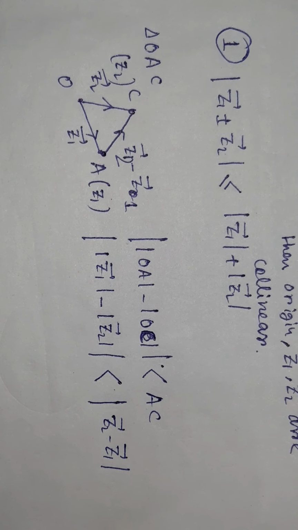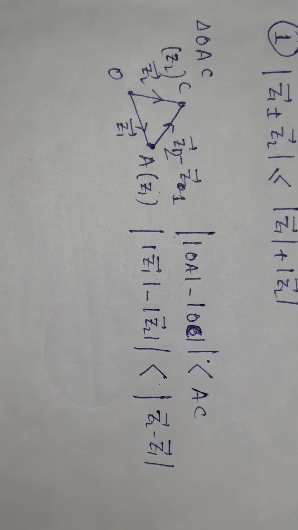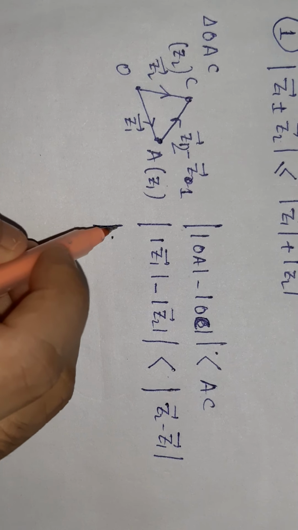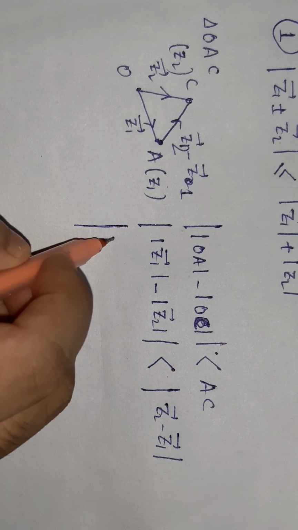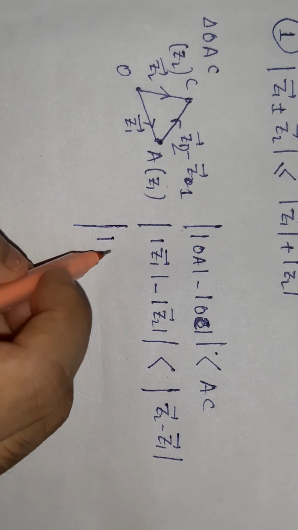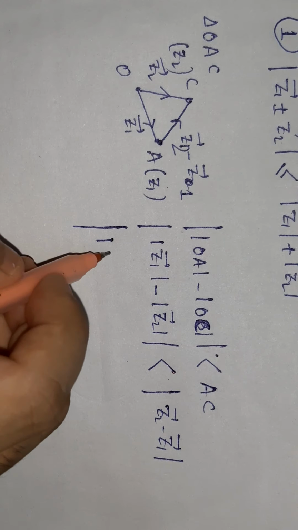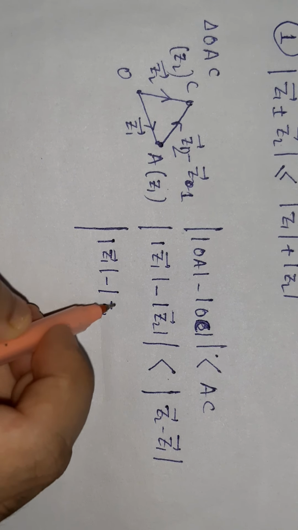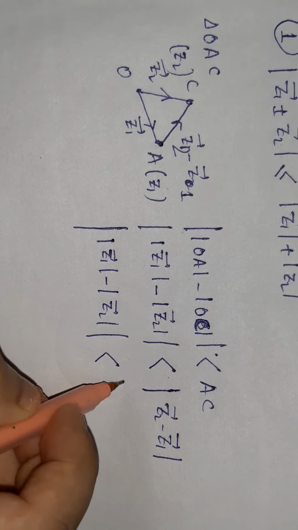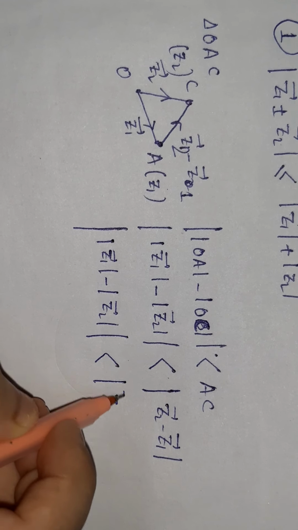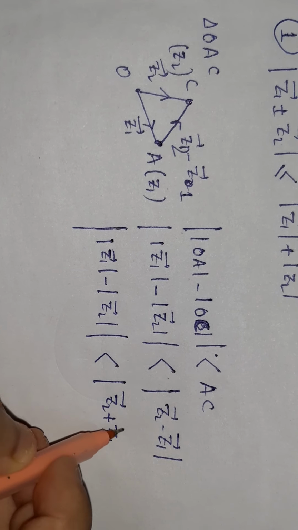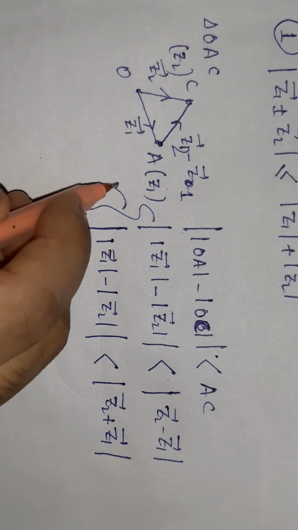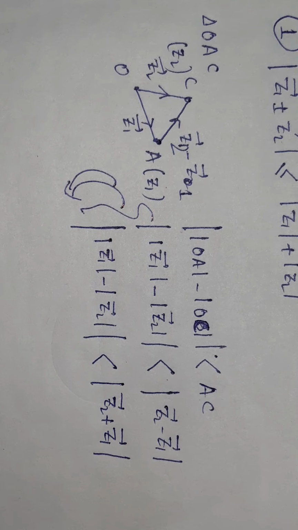And just reversing the Z1 vector, you can also write that the modulus of the difference is less than modulus of Z2 vector plus Z1 vector.